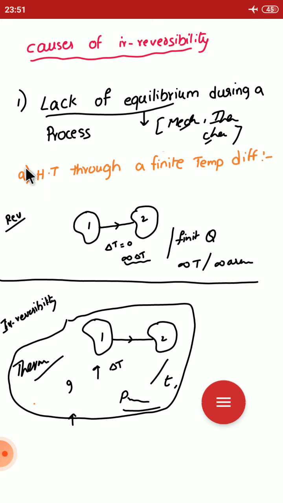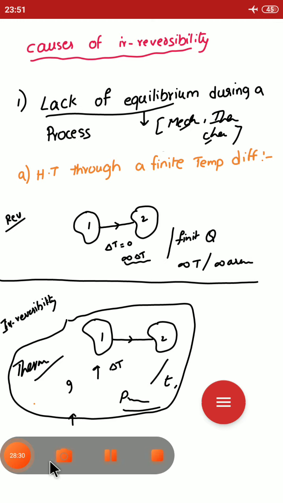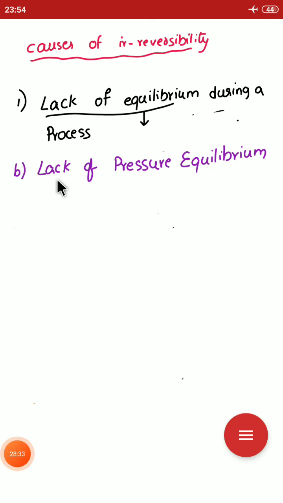Now we have seen the first example, heat transfer. The second one is due to the lack of pressure equilibrium.